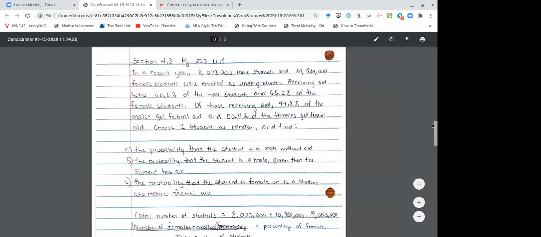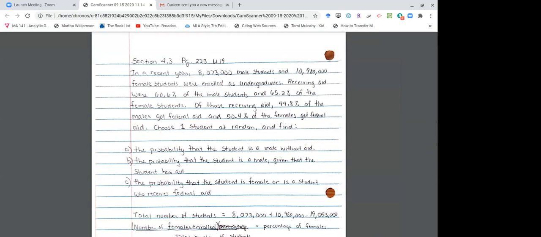Now, B is something else that you'll encounter a lot of in this section, which is conditional probability. And B says the probability that the student is a male given that the student has aid. Given that is a dead giveaway for a conditional probability statement. So the given that is the condition after the line.